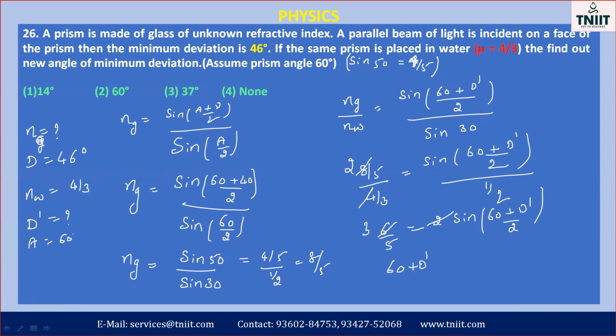So (60 plus D dash)/2 equals how much? It is almost close to 37 degrees. 3 by 5 is 37 degrees. So what is D dash? 2 into 37 will be 74 degrees minus 60 degrees. That will be 14 degrees. So option 1 is the right answer.